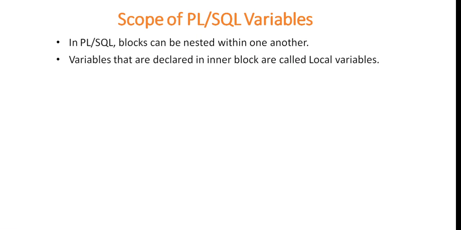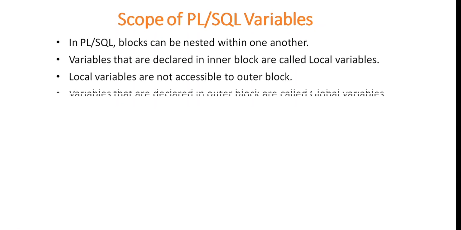Variables which are declared in an inner block are called local variables, and the variables which are declared in an outer block are called global variables. Whatever variable we declare or use in inner blocks are called local variables, and the variables that we declare or use in the outer block are called global variables.